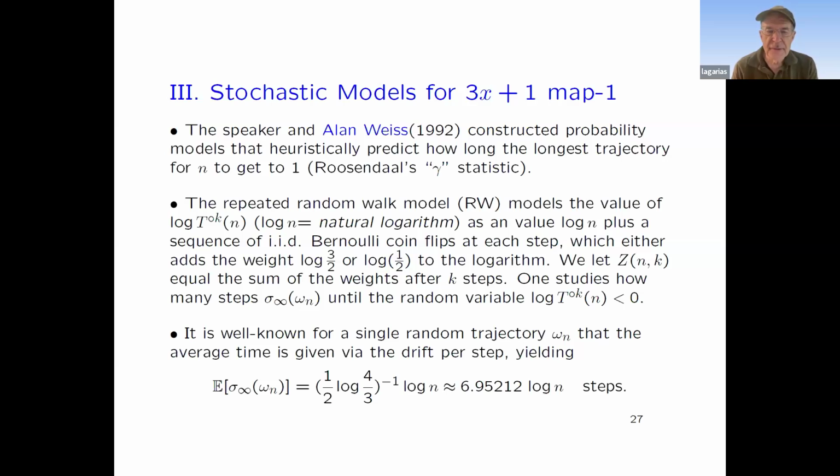It says that for the 3x plus 1 map, the random walk calculation will say the expected number of steps until you get to 1 from a given n should be around 6.9 times log n, and then the central limit theorem will make it have some tail distribution around that. Next slide.